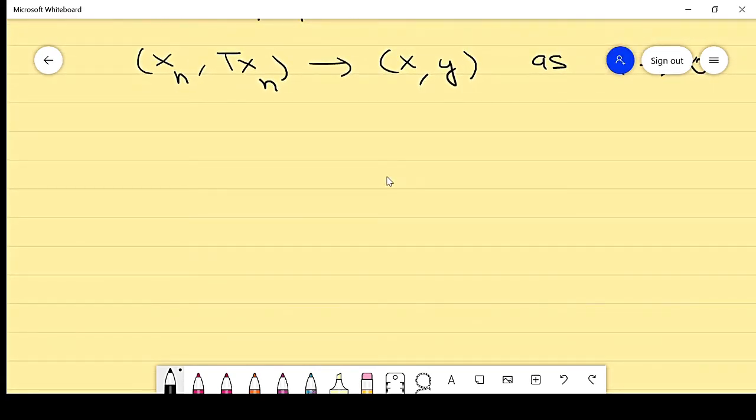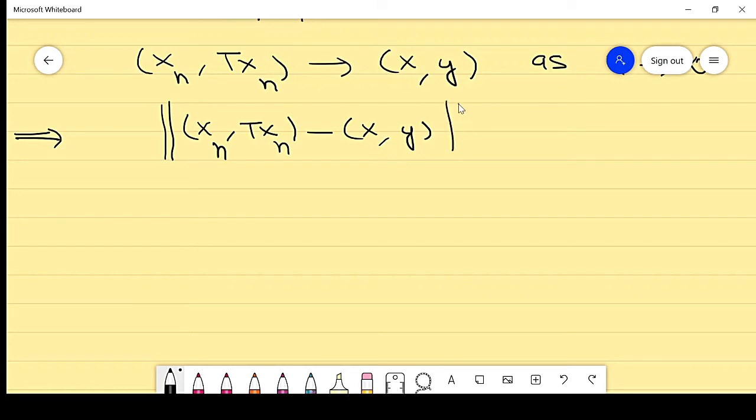Now if it approaches 0, it means the norm of (xn, Txn) minus (x, y) approaches 0 as n approaches infinity.